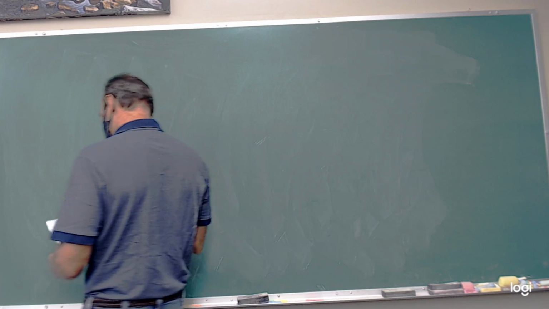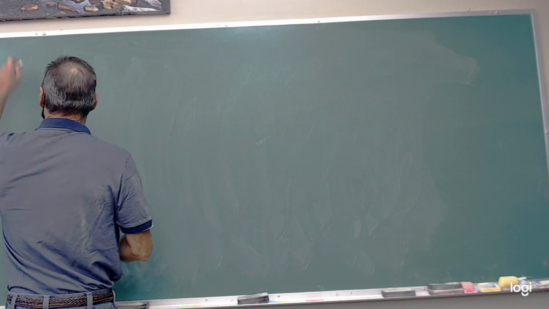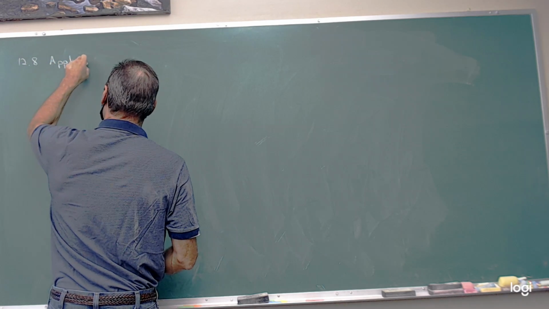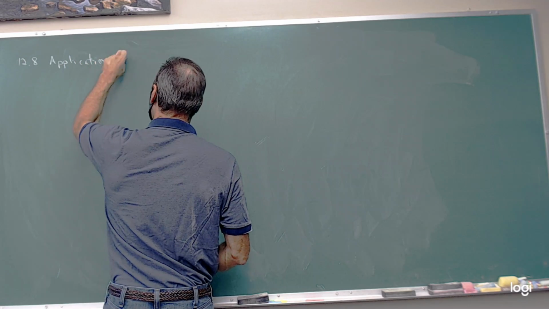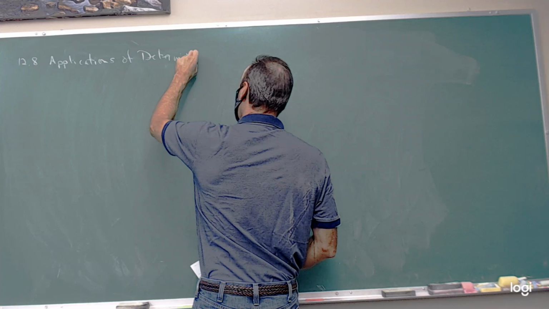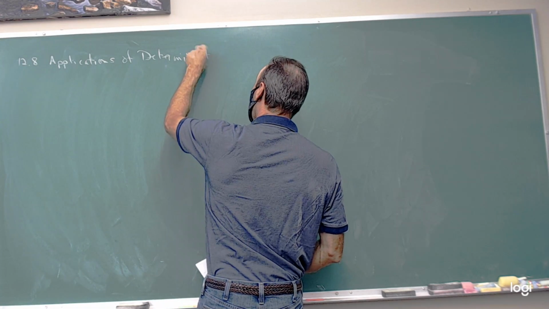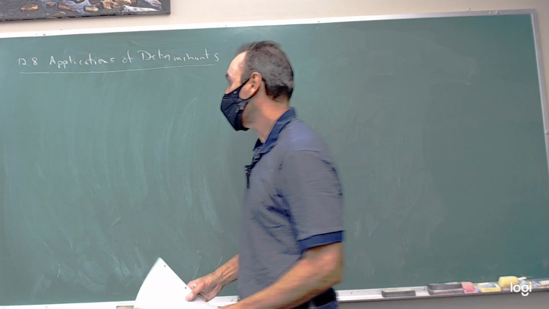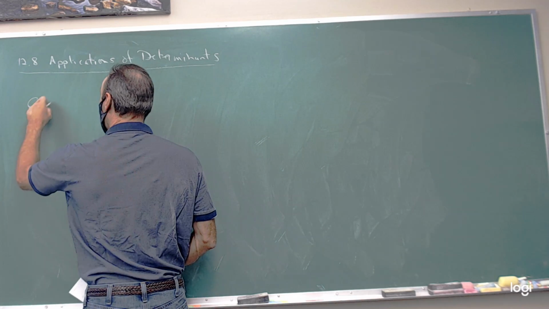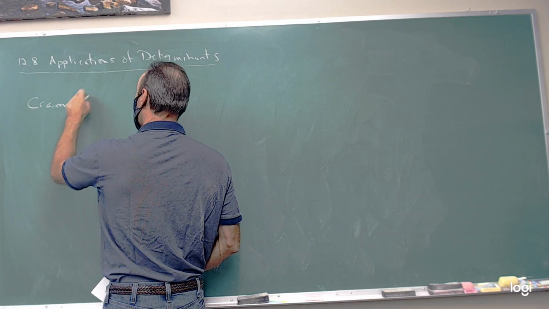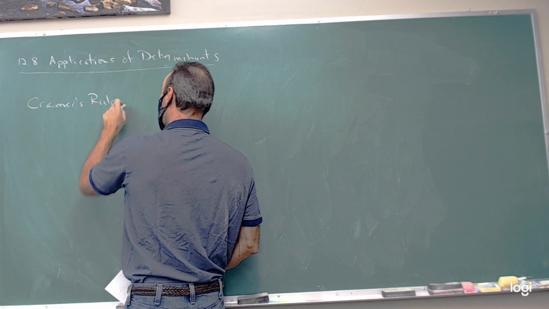So this is now 12.8, applications of determinants. The first one is known as Kramer's rule. We used to teach this in algebra 2, but I haven't done that for a long time.